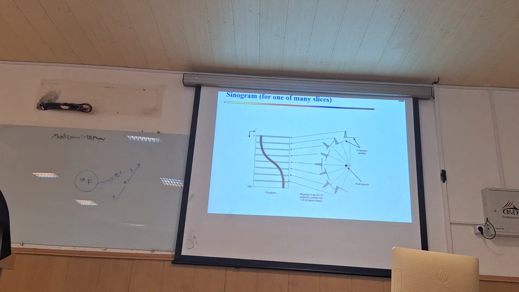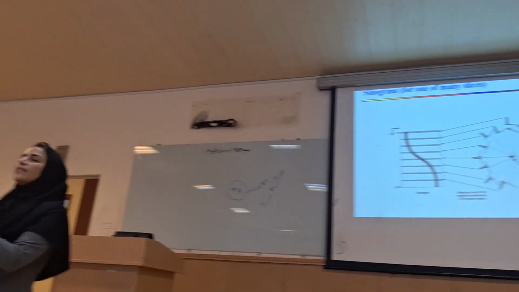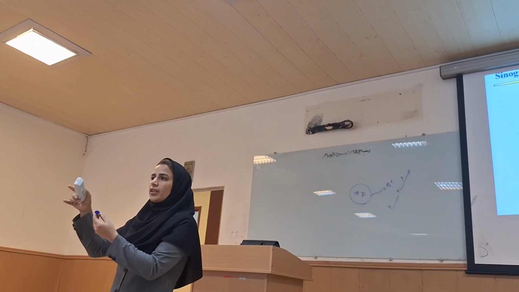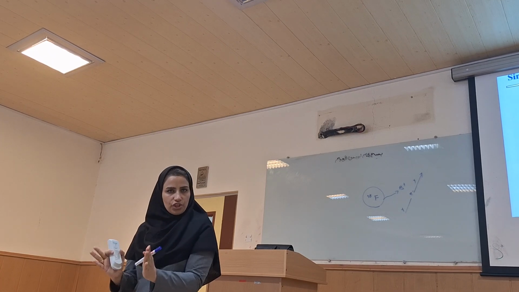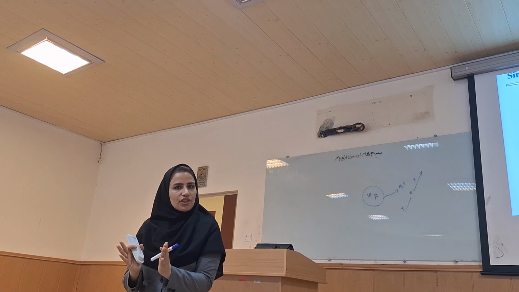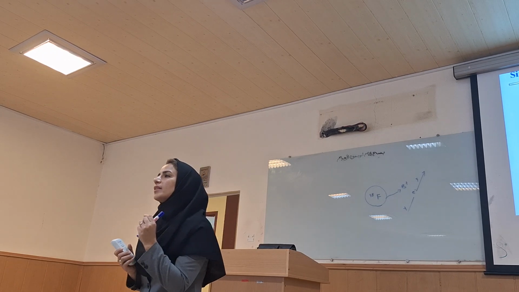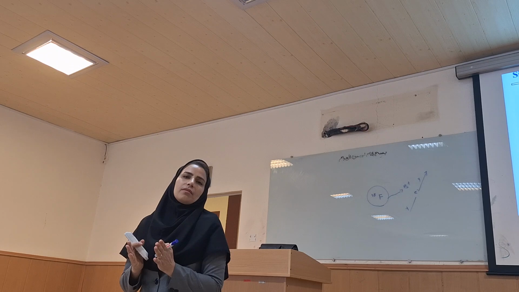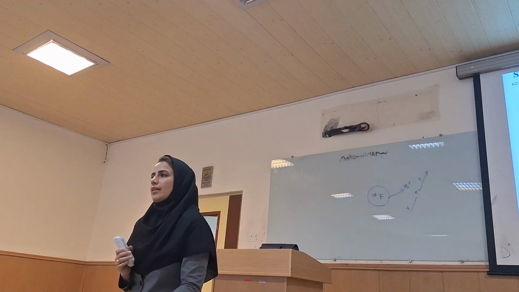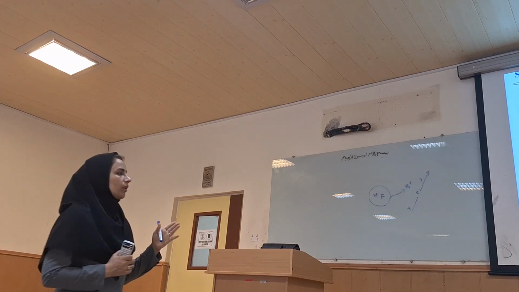As I said, in each position, through rotating the detector head, we take a projection. If I put all of the projections together, we generate the sinogram. The sinogram is all of the projections together, the total of the image. Together all of the projections create the sinogram.